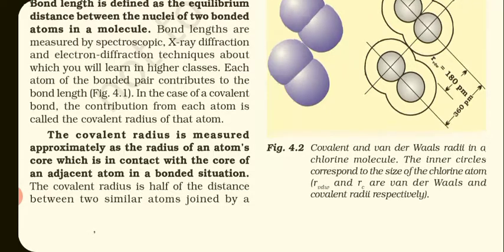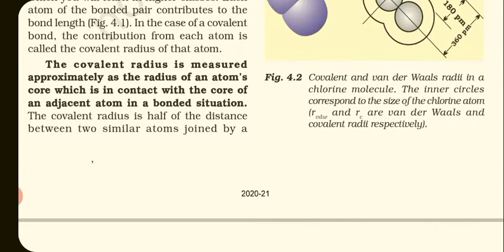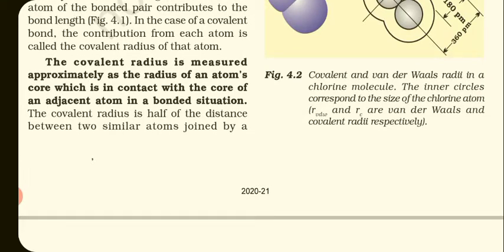Each atom of the bonded pair, meaning the electron pair which takes part in the formation of the bond, is called the bonded pair and contributes to the bond length. बॉन्ड लेंथ में उसका कुछ ना कुछ योगदान होता है या बंध की लंबाई.